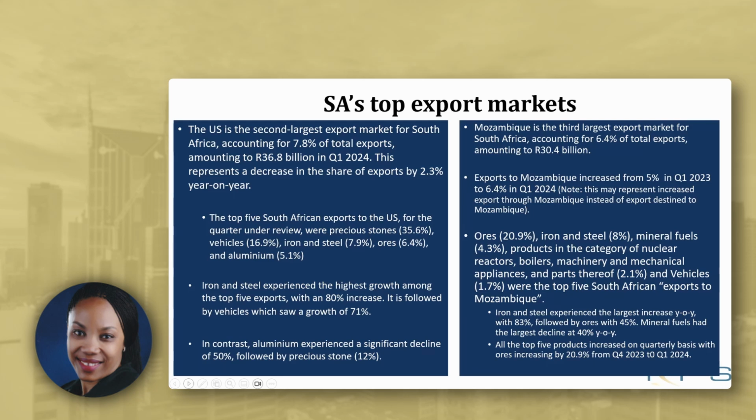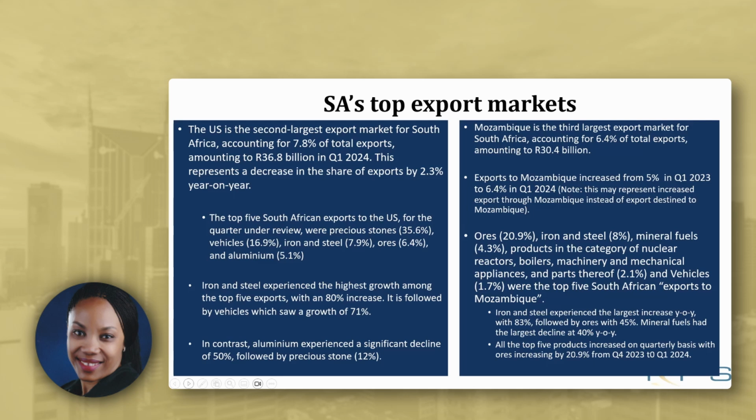Exports to Mozambique accounted for 6.4% of the total exports, which was around 30.4 billion. The exports to Mozambique increased from 5% to 6.4%, and this may be representing increased exports through Mozambique instead of exports destined to Mozambique.